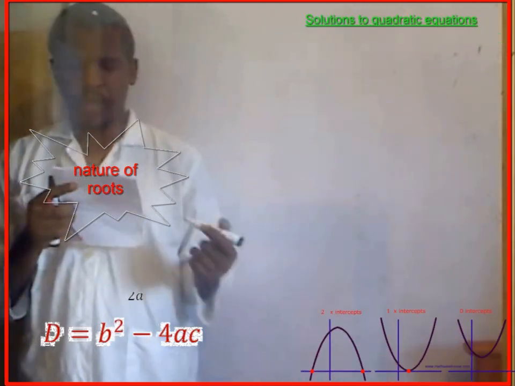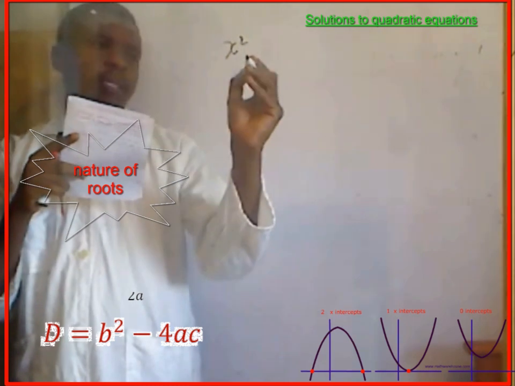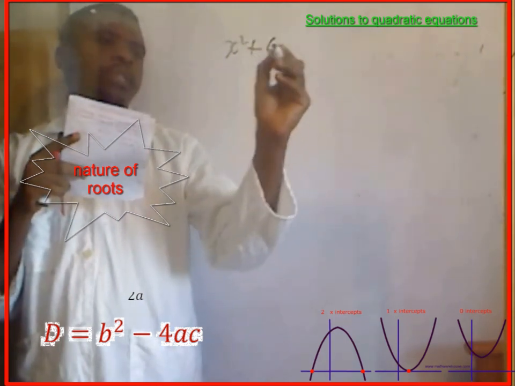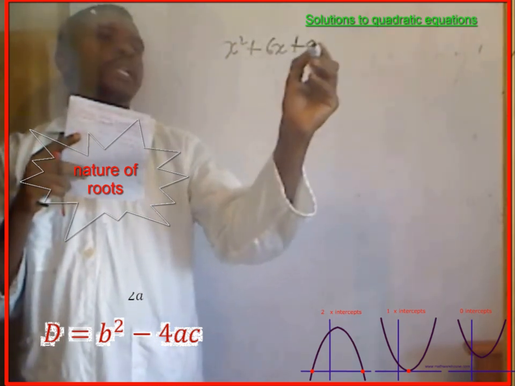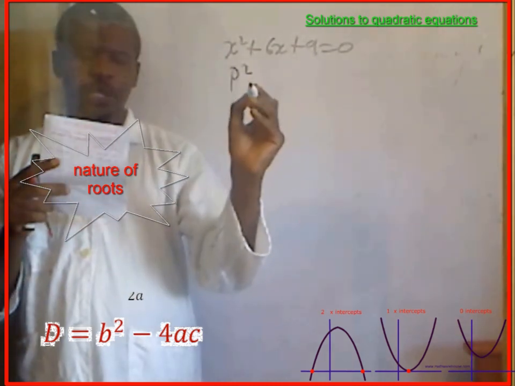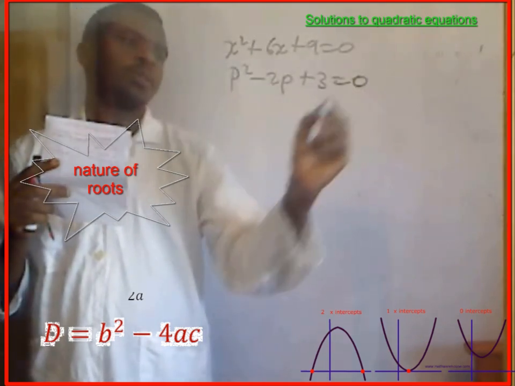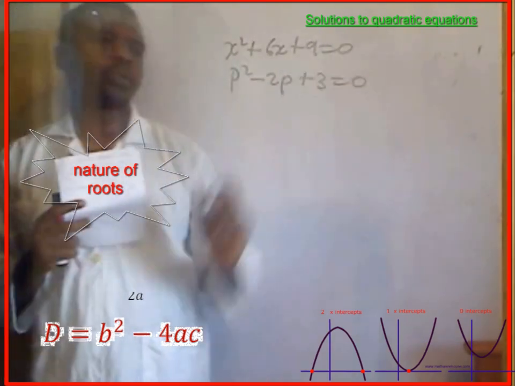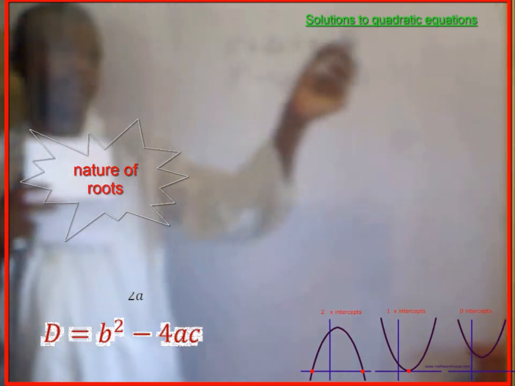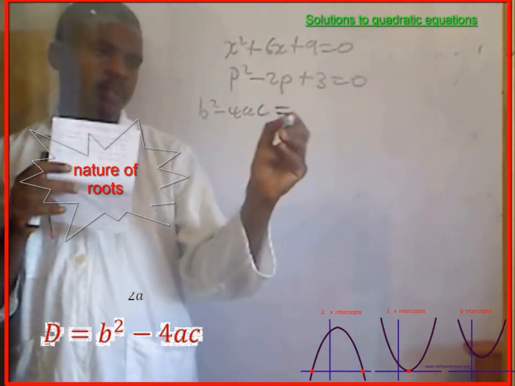Let's now look at these two examples. If I am given x squared plus 6x plus 9 is equal to 0, and p squared minus 2p plus 3 is equal to 0, what is the nature of the roots in these quadratic equations? I take the first one, b squared minus 4ac is my discriminant.